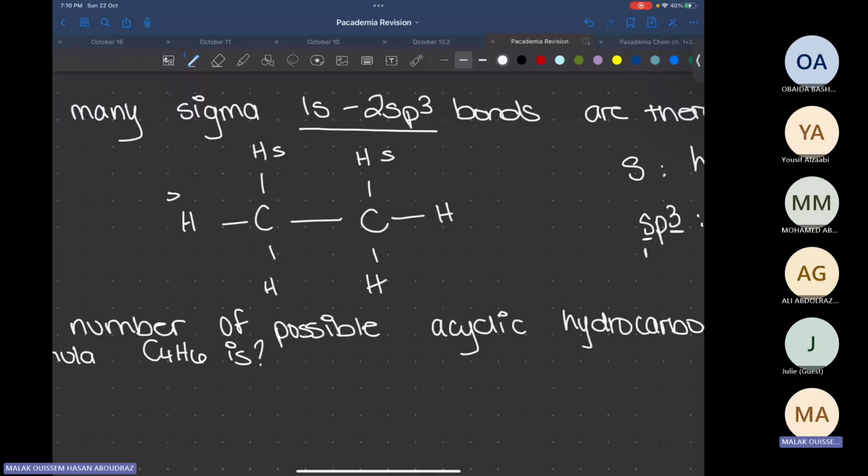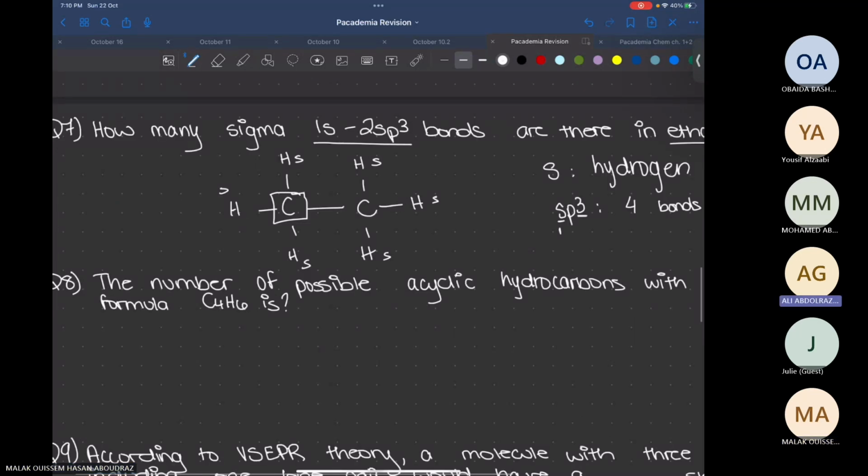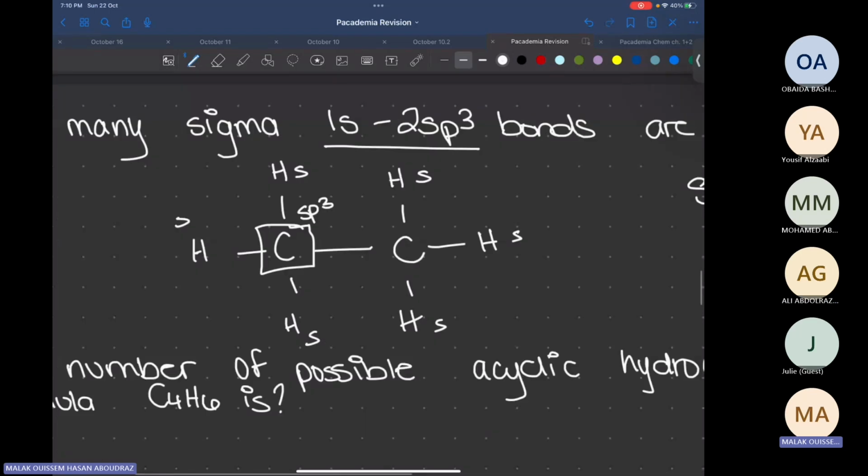So right away we know all the hydrogens are S, right? But my carbon here, what's the hybridization here? sp3. So how many S1, S2, sp3 bonds do I have? I have one here. I have one here. I have one here. صح ولا لا?